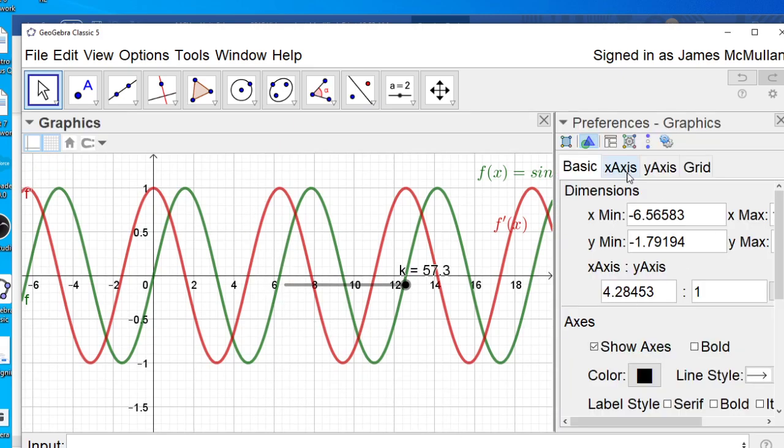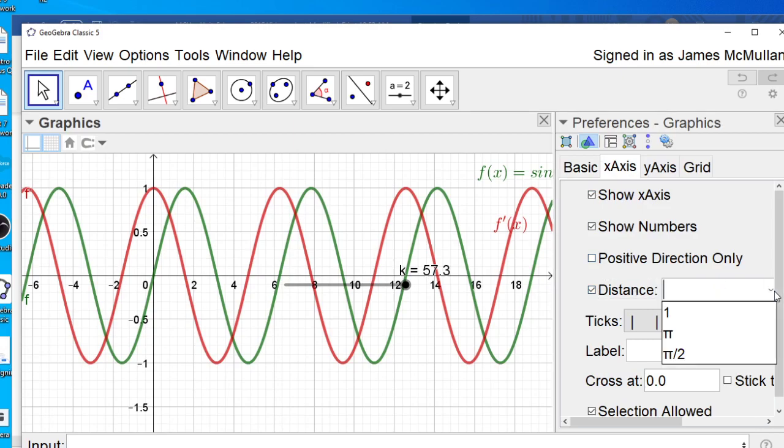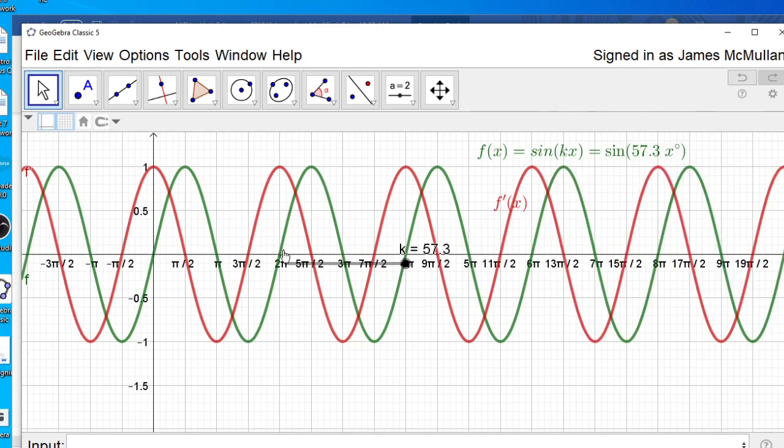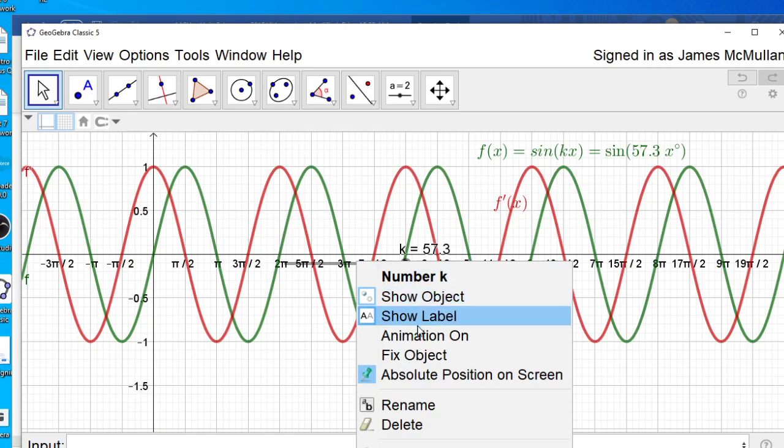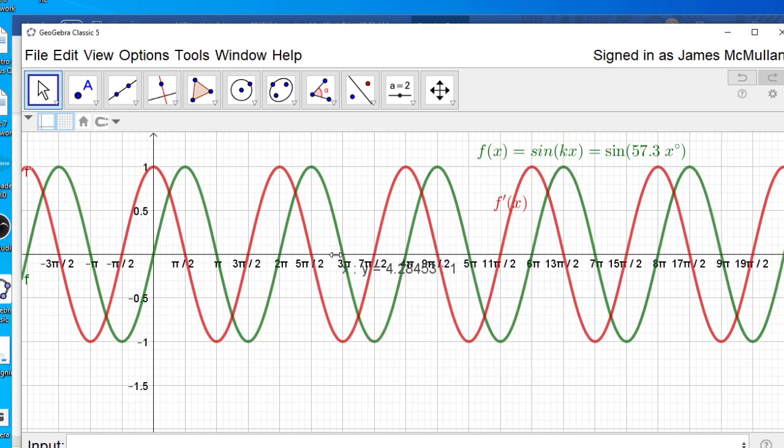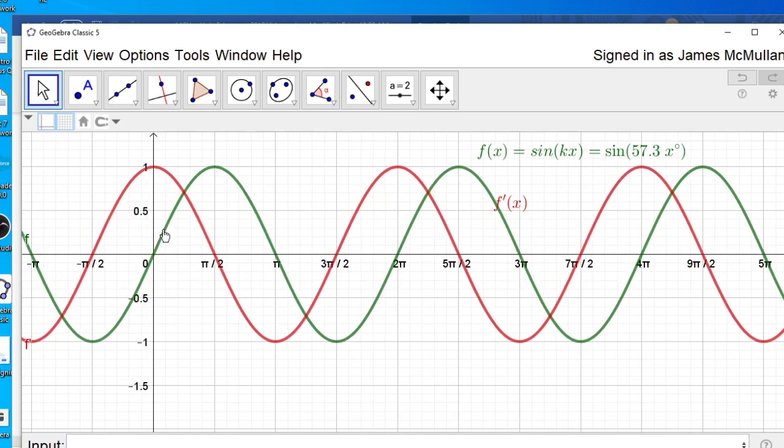You don't need a correction factor, and this becomes clear if I let this go, you can see both of my graphs complete at exactly 2 pi. And my derivative also completes at exactly 2 pi.